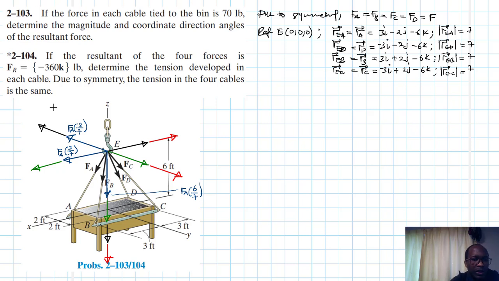So let's go to another one, green. So we said this one is FB, right? Yes, it is FB. So this one also, it is a 3 divided by 7. This one is FB. This is a 2 divided by 7. And then this one is FB, is a 6 divided by 7.